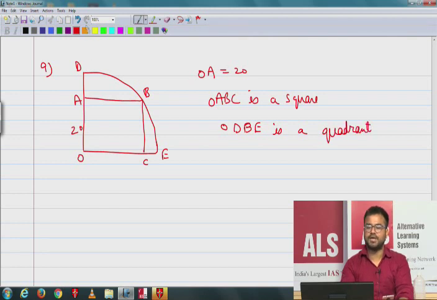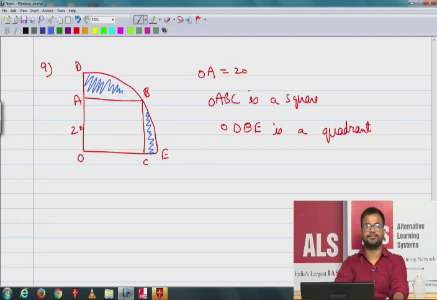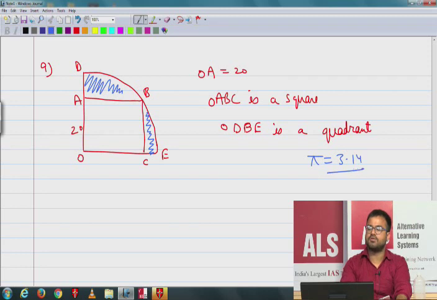OA is equal to 20. Find the area of the shaded region. Try this. And here use pi as 3.14 in order to get the exact answer.